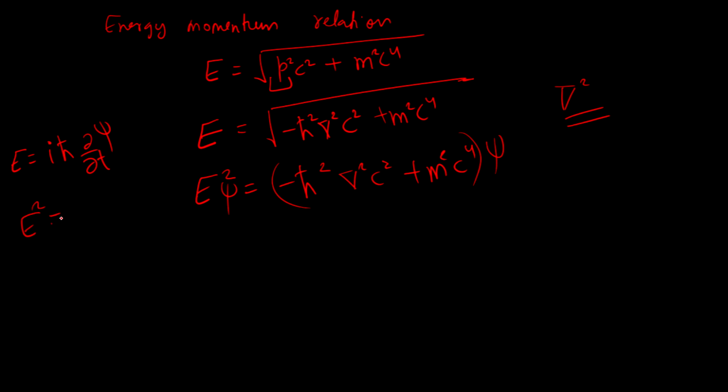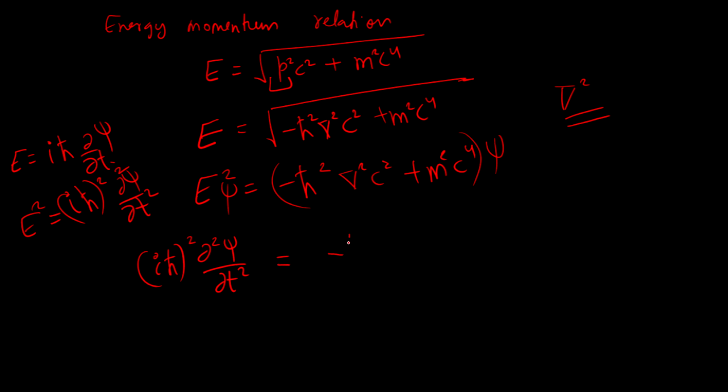So E² can be written as (iħ)² ∂²psi/∂t². So I will write this here, ∂²psi/∂t² with (iħ)², equal to the same thing, ħ²∇²c² plus m²c⁴, which is acting on psi.